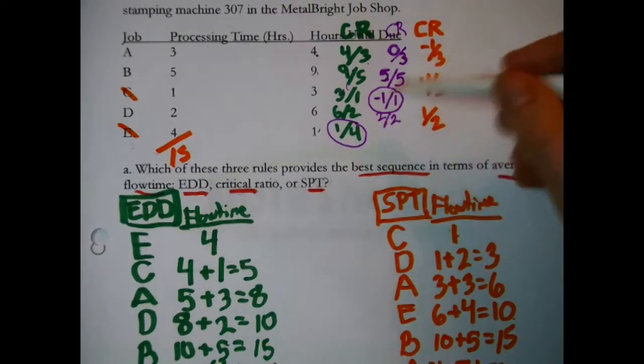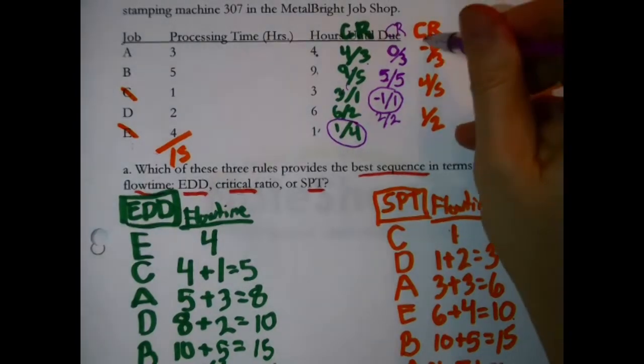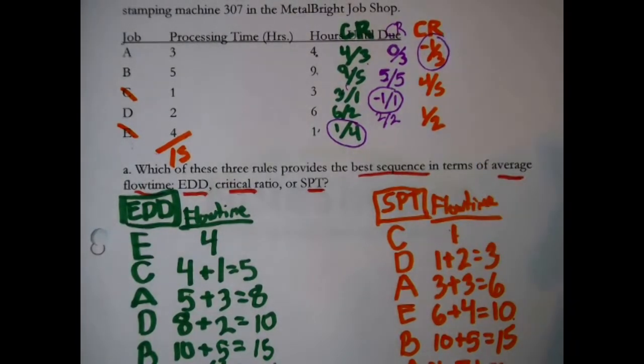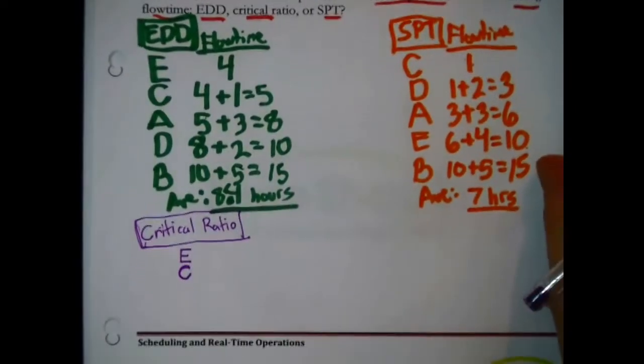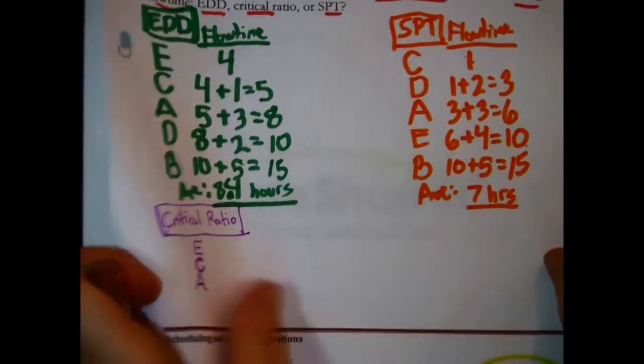I subtract 1 hour from each of the remaining numerators. Again, I look for the smallest number. It's negative. It's this one right here. Oh, okay, so that means that belongs to A. A goes next.